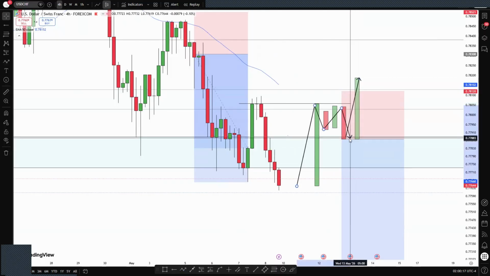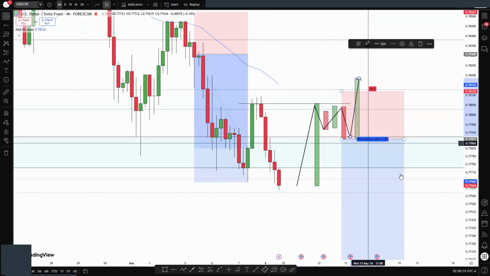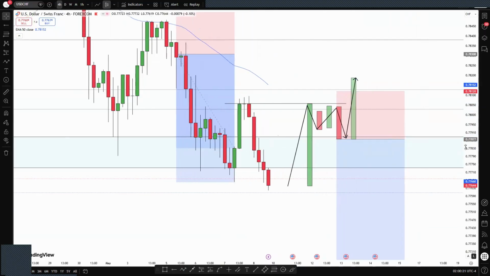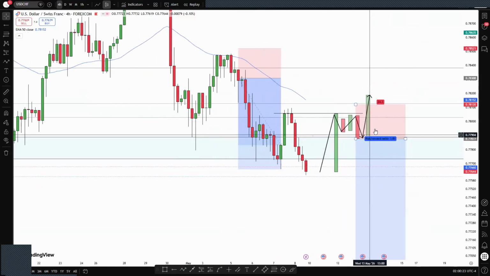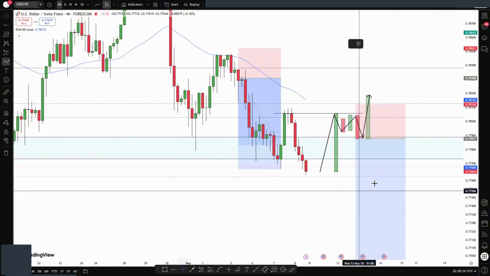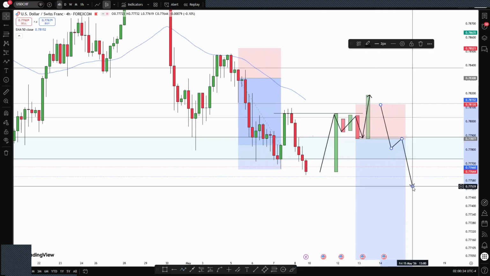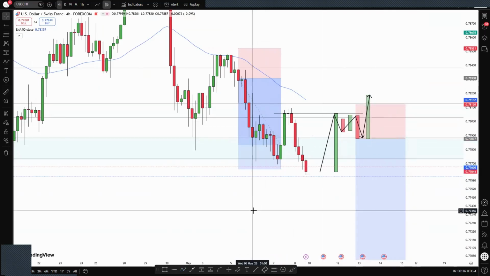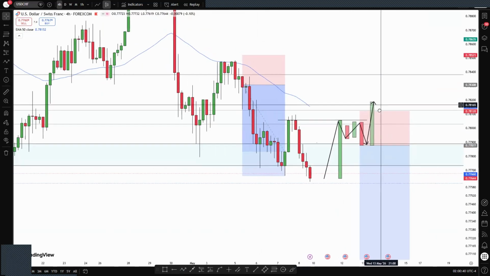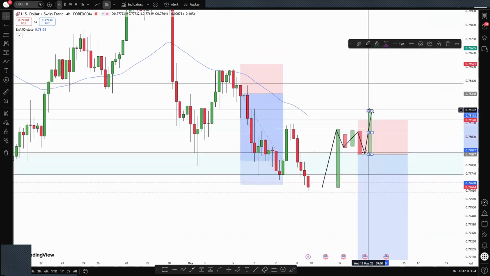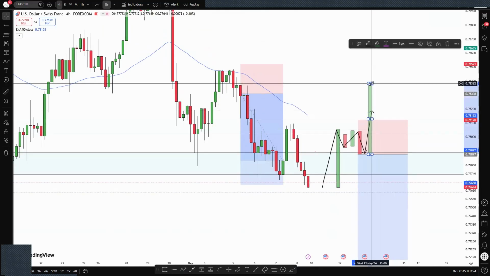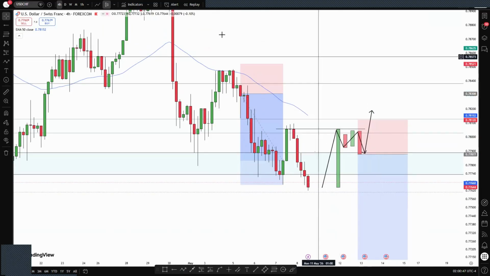And you might think this was an entry for you, but actually price was just trying to push above. Then once it pushes above, the entry is still valid. We just now have to start waiting for price to either give you another shift to then sell, or price to just continue going up. And this trade is gone. You see?